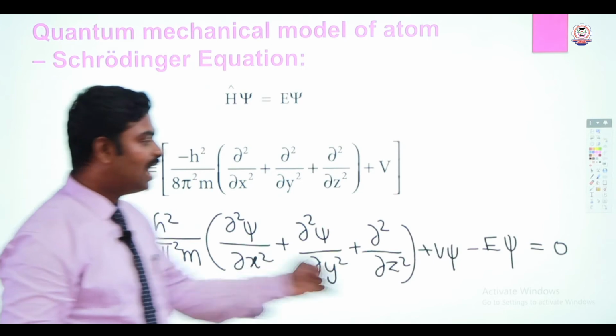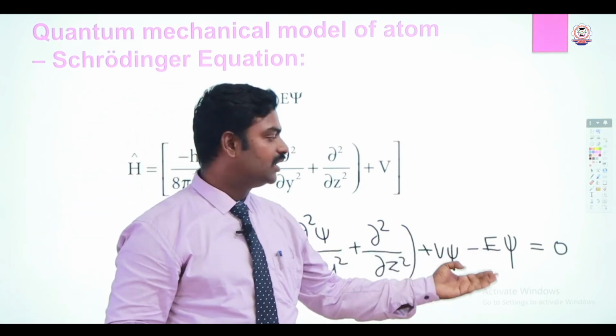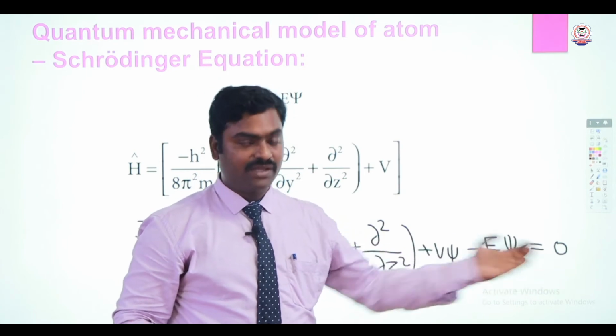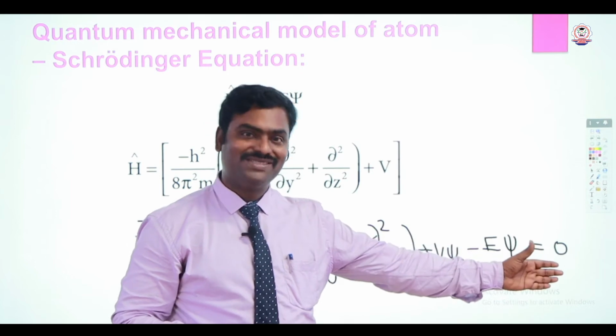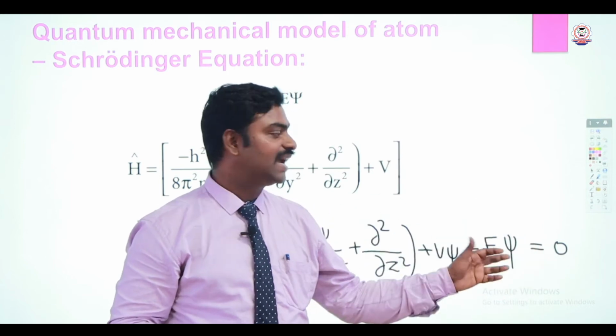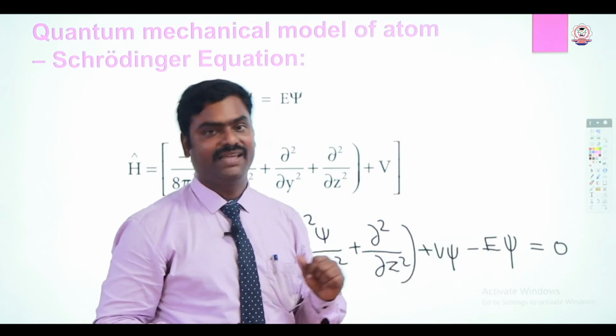When you solve this equation by substituting the correct energy value, you will get 0. If you substitute the wrong energy value, you won't get 0. That means we can identify the allowed energy levels using this equation.